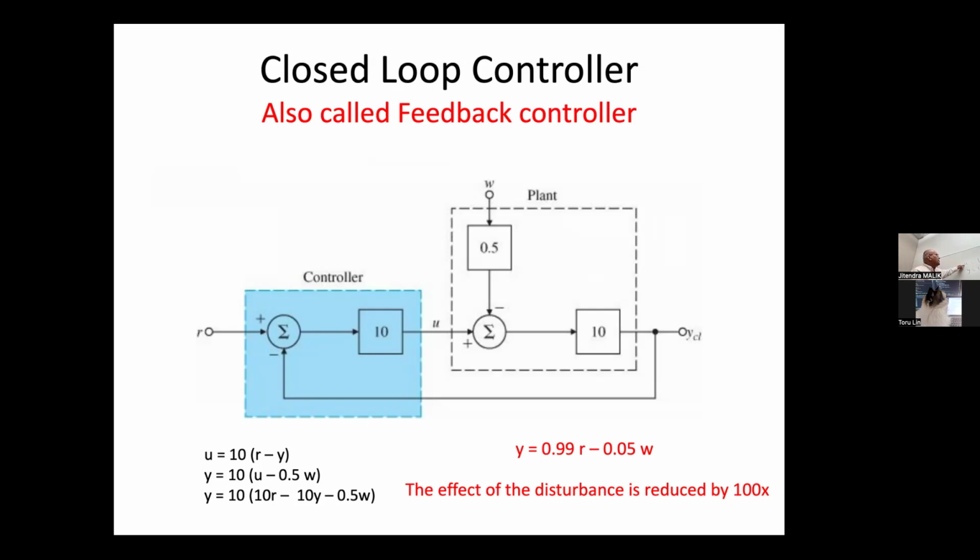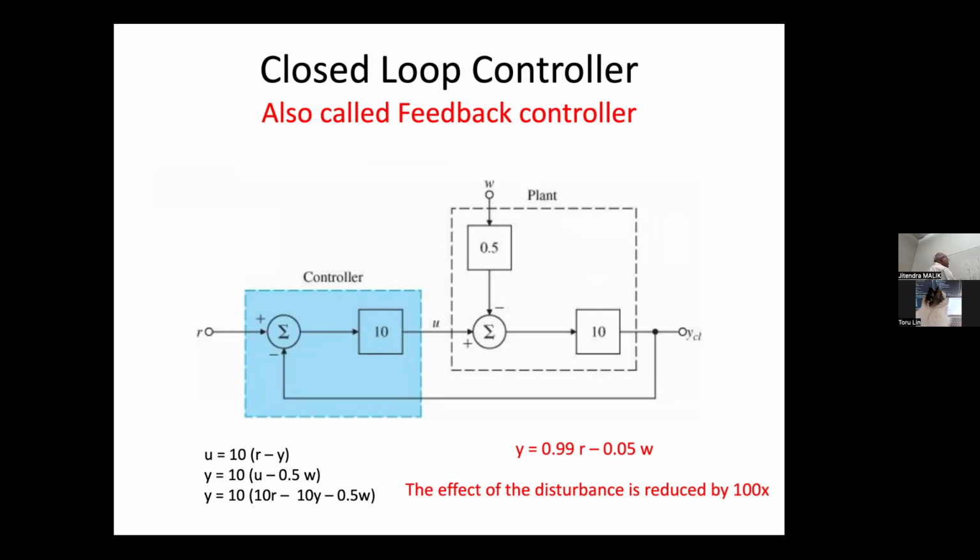Now, in this U, there is the Y, and then there is a separate equation for Y. So I can eliminate the variables, and I can eliminate the U. So Y equals 10 U minus 0.5W, and this U is 10R minus 10Y minus 0.5W, right? So this is giving me 100R minus 100Y minus 5W.